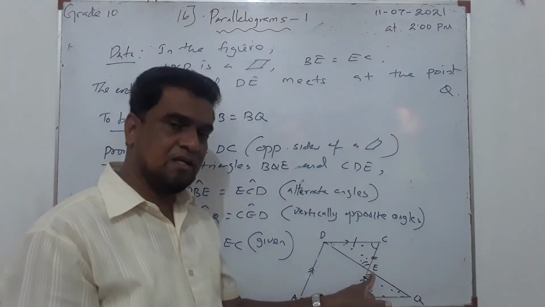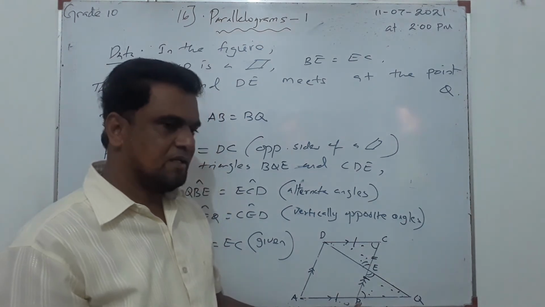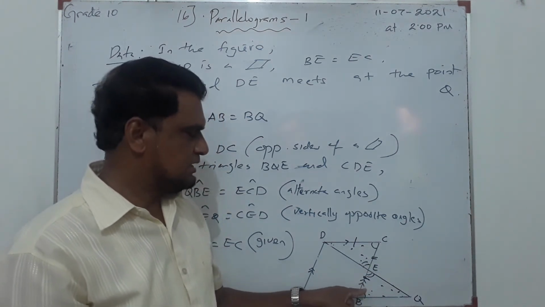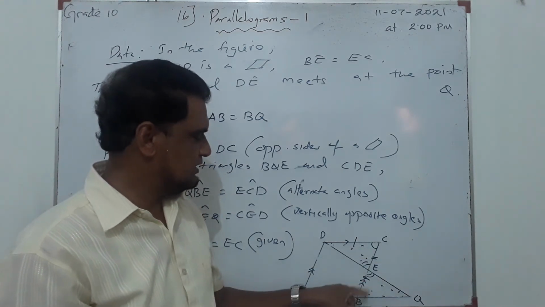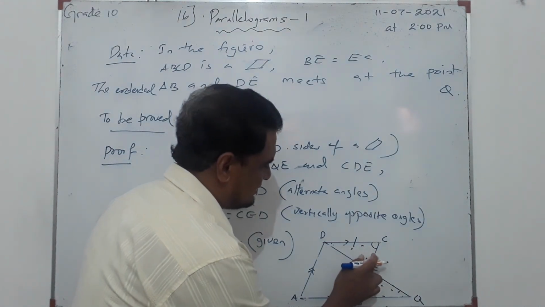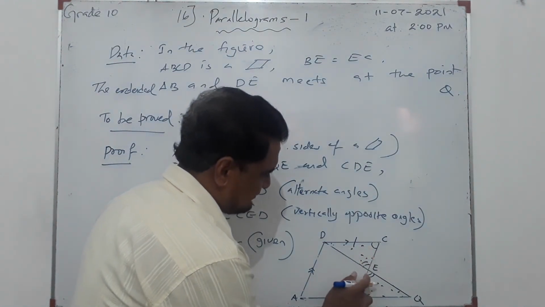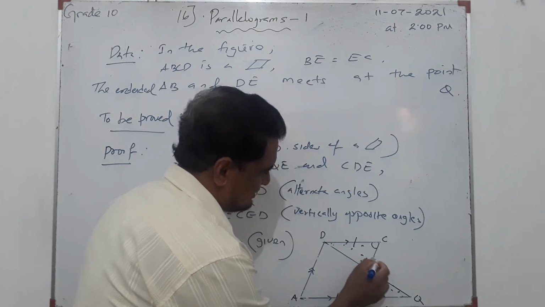Because E is the midpoint of this line BC, according to this, we can come to the decision that BE is equal to EC. So you can put the mark here. This is the given data.